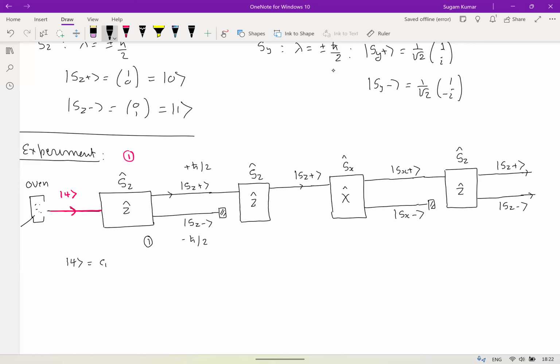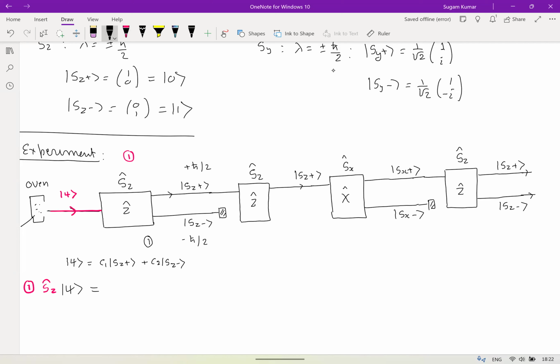So it will be C1 Sz plus plus C2 Sz negative. And now when you operate Sz in the first step on this psi, what will happen?